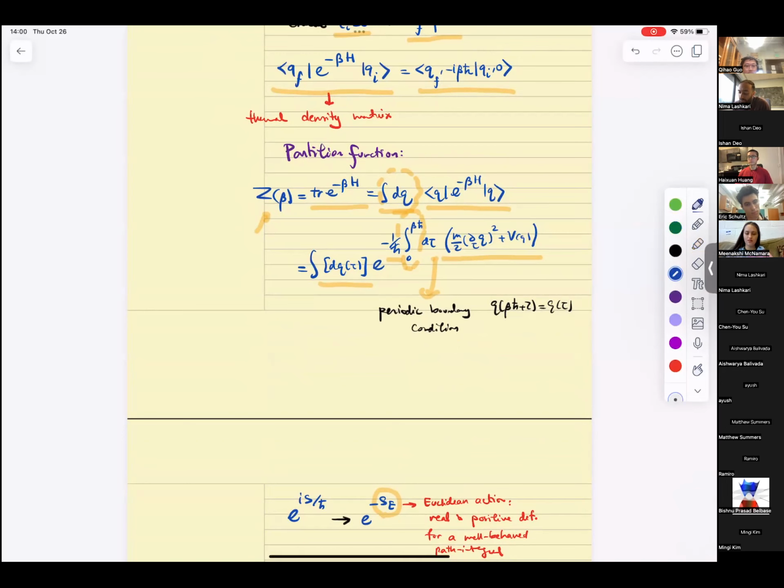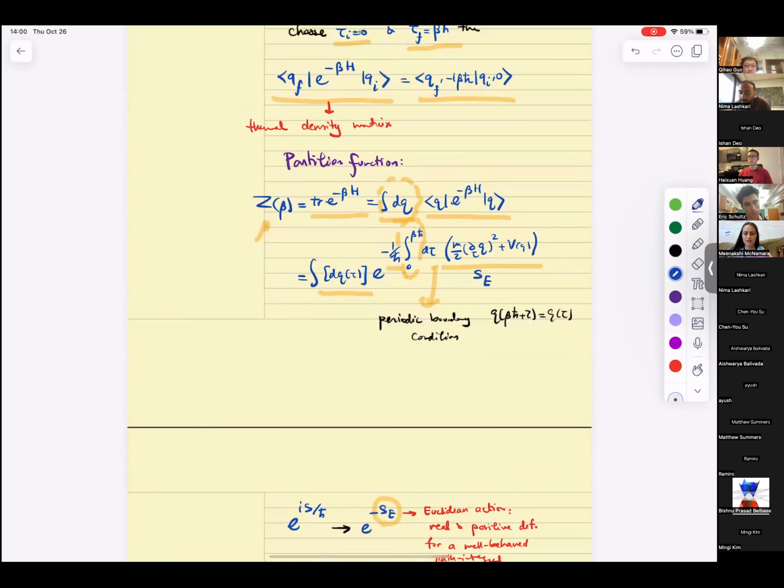This new action is not the same as the old action because my derivative has changed sign. t going to minus I tau will give an extra minus sign in front of the kinetic term, right? Now, this integral over Q I can implement by requiring periodic boundary conditions, which is Q of tau is equal to Q of beta h bar plus tau.